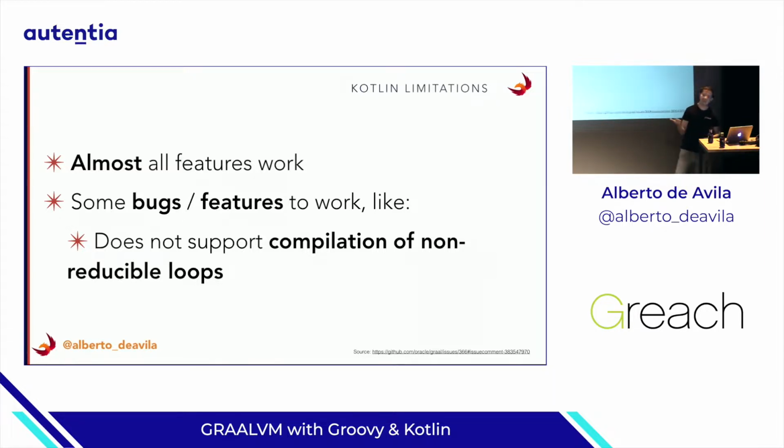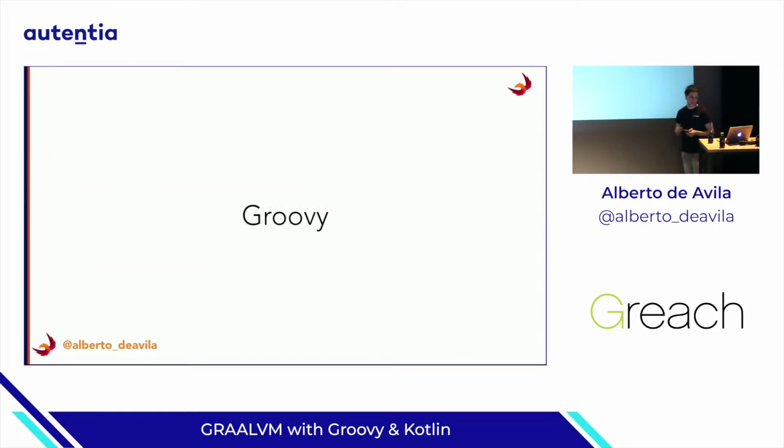For example, it does not support compilation of non-reducible loops, and a few other things that don't work for the moment. If you want to see what features don't work at the moment, you can look at the GitHub project of Graal and look for Kotlin bugs. This is the important thing, Groovy.